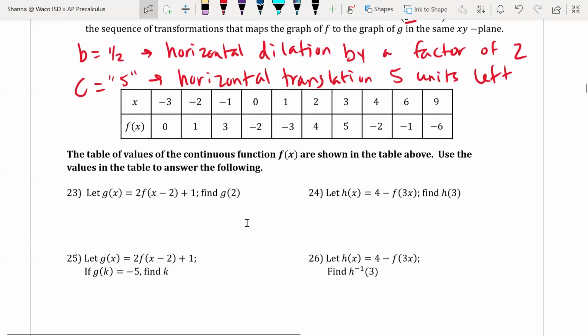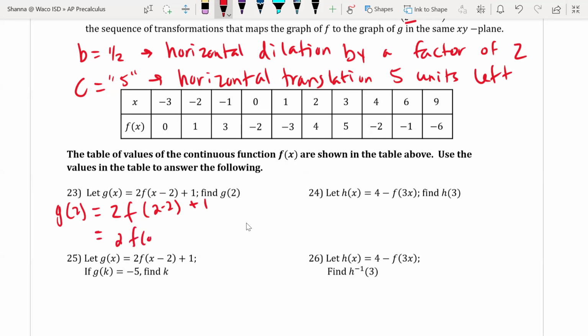So at g of 2, it's asking you to evaluate this function at this value being substituted in. You substitute it in first and then use the table. So g of 2 equals 2 times f of 2 minus 2 plus 1. That gives us 2 f of 0 plus 1. I go to the table, go to 0, and what do I get? Negative 2.